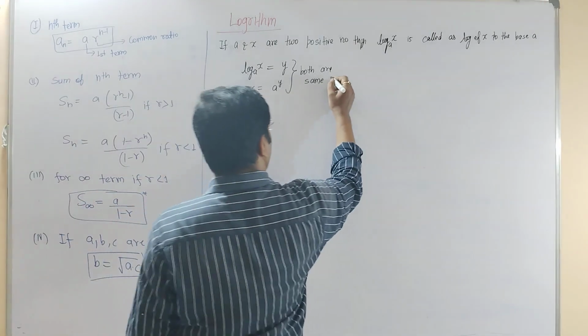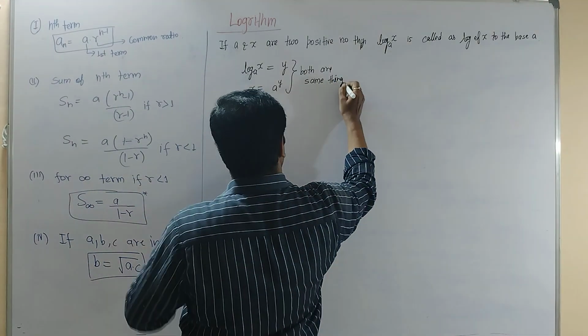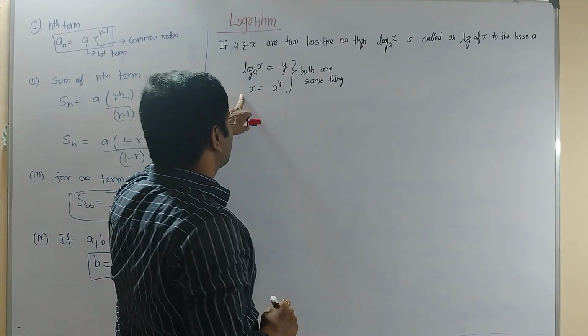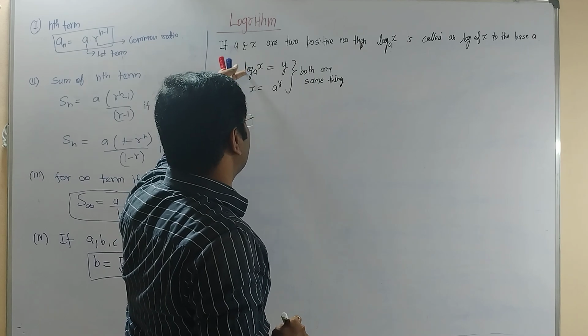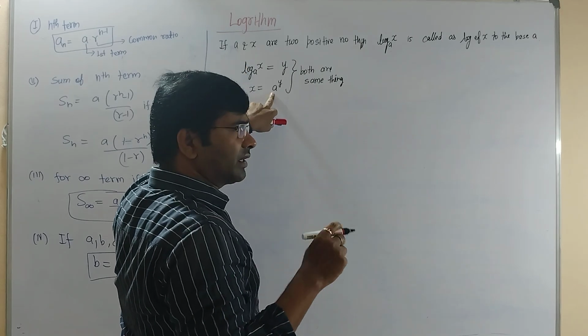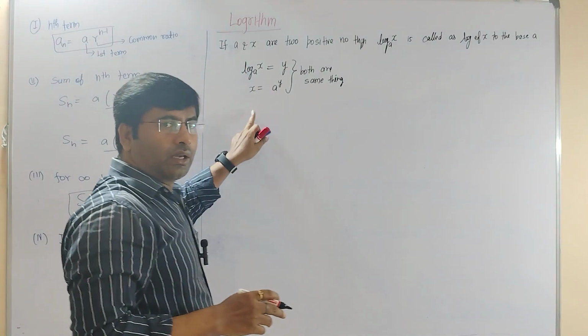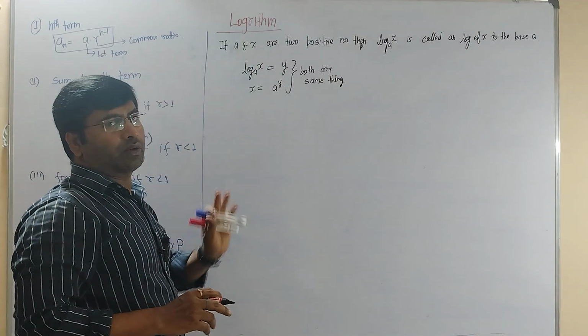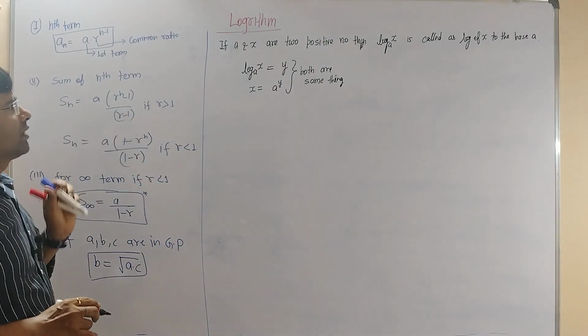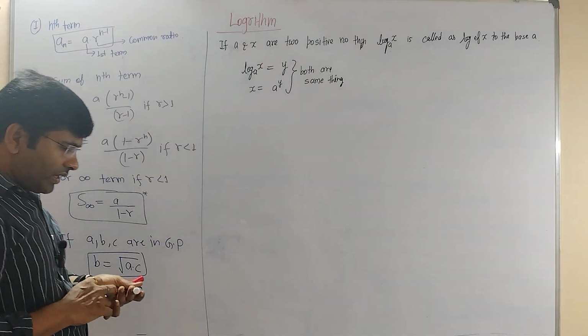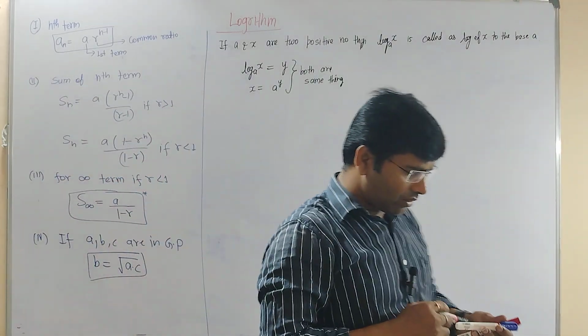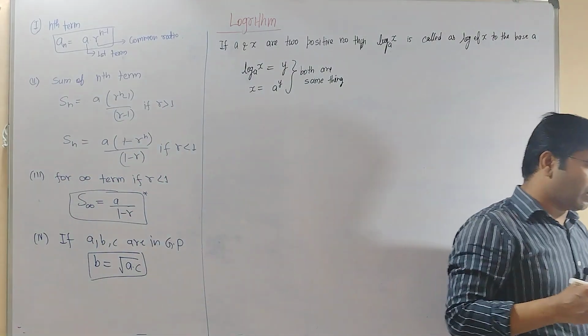If I take log base a of x, it becomes log base a of a to the power y, and the y comes outside, so it becomes y only. So we can define some important formulas, and we only have to memorize some formulas.